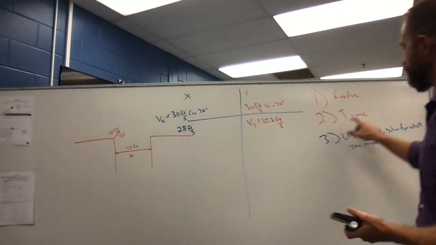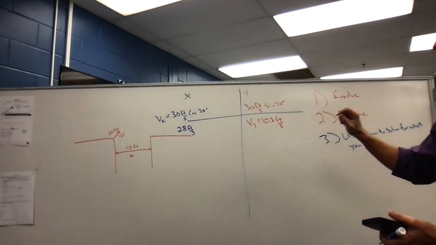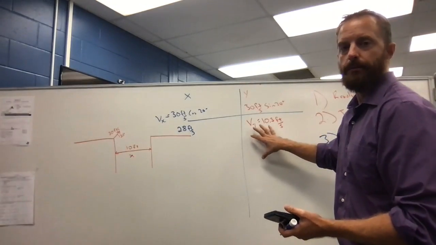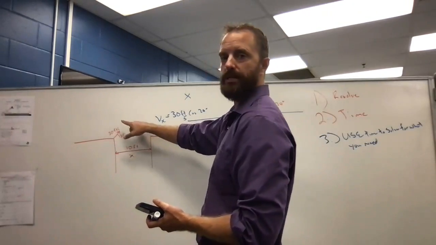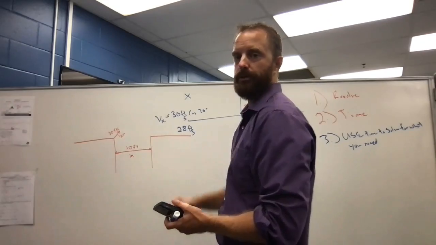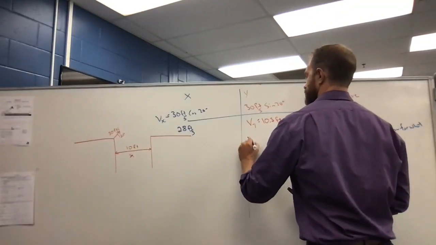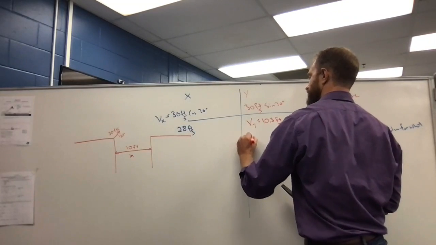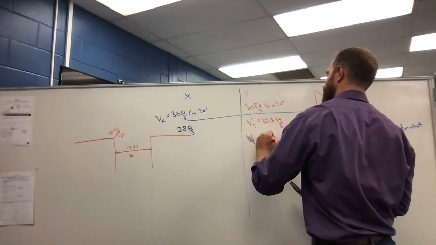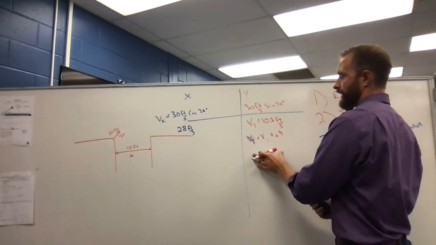So then I would want to solve for time. Good idea to pause me and try and solve for time. I'm going to use y to solve for time because we're going to come up at 10.3 feet per second, then we're going to come back down at 10.3 feet per second. So I would use Vf equals Vi plus At, all in the y direction.